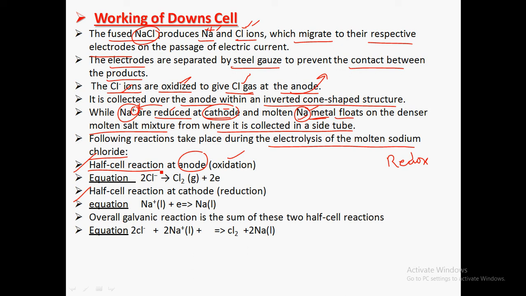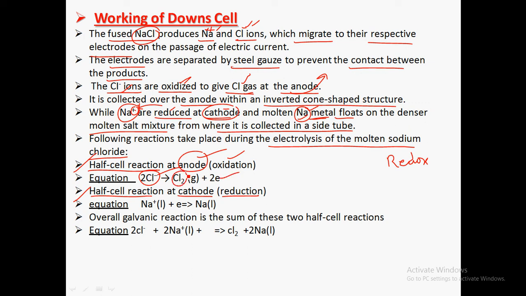The reaction which takes place at the cathode is reduction. We call it the half cell reduction reaction. So what is happening at the anode? At the anode, chloride ions are moving towards the anode and releasing 2 electrons.